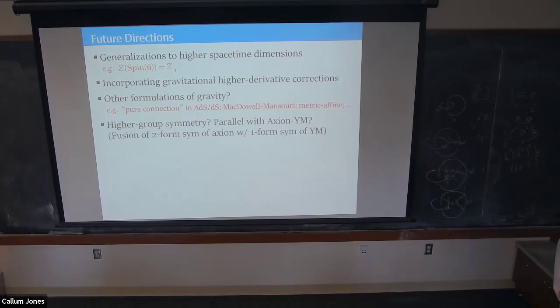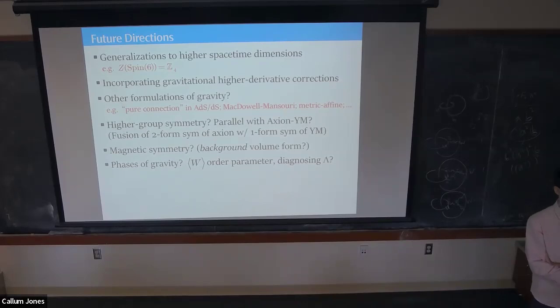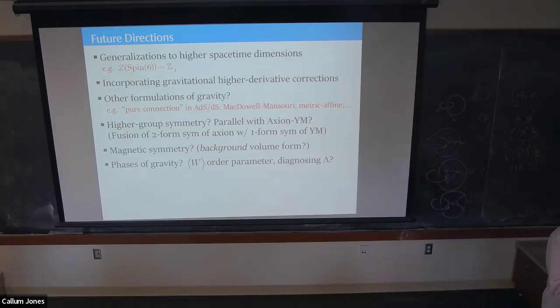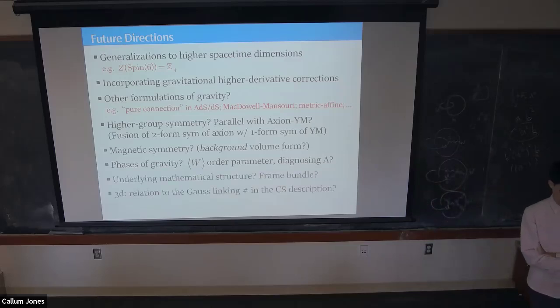More ambitious goals are higher group symmetries and magnetic symmetries, or speculations on phases of gravity, but they have some subtleties, so I would be happy to discuss them later. It would also be interesting to understand the mathematical structure behind this construction, and to think about connections to the 3D case, where the Wilson loops link with themselves.